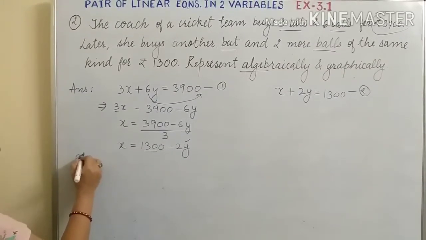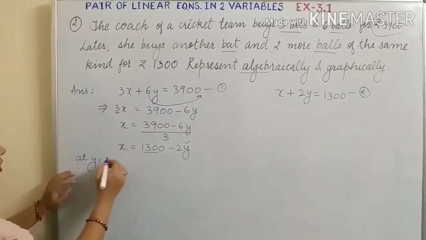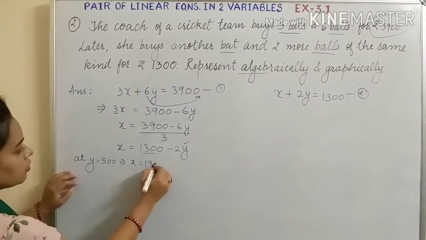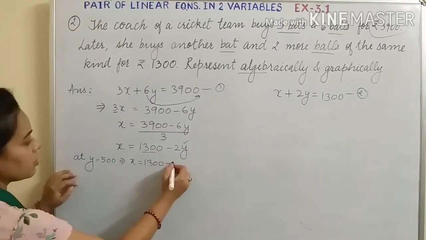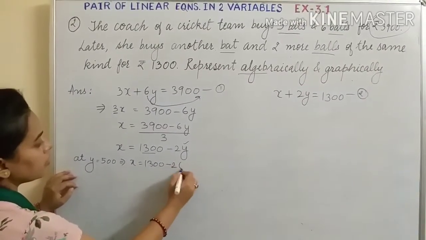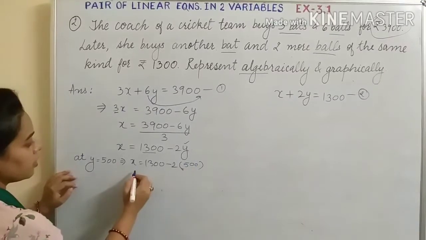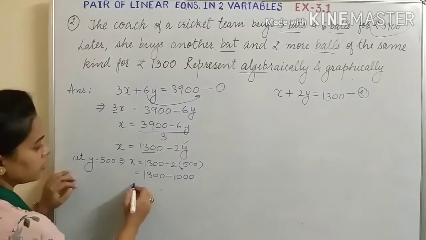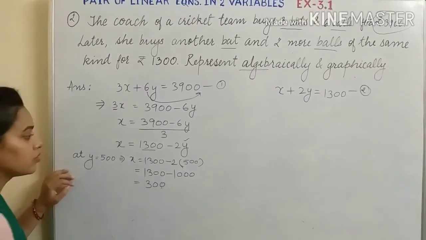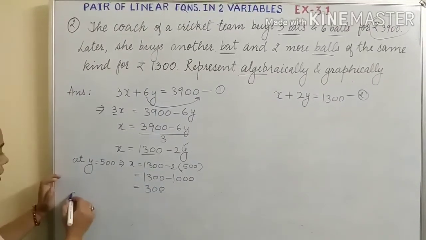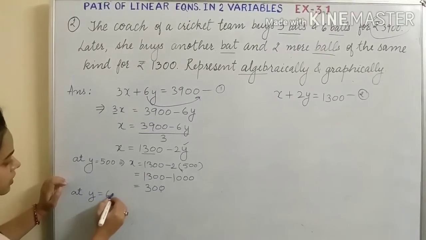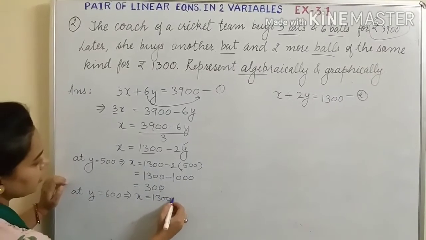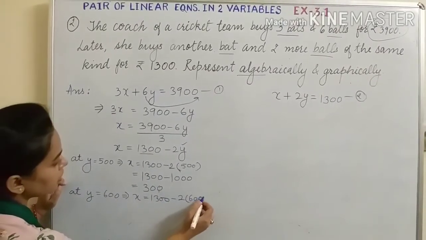Therefore, at y equal to, suppose we take here 500, x is equal to 1300 minus 2 into 500, 1300 minus 1000. So the answer will be 300. Similarly, y equal to 600 implies x equal to 1300 minus 2 into 600.